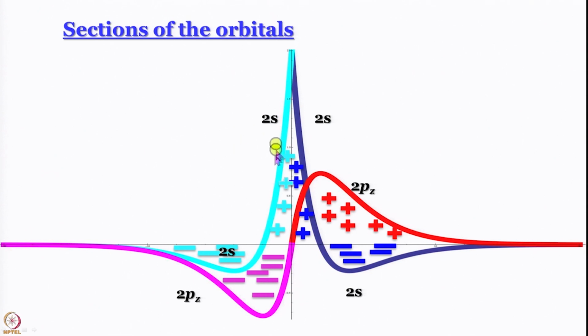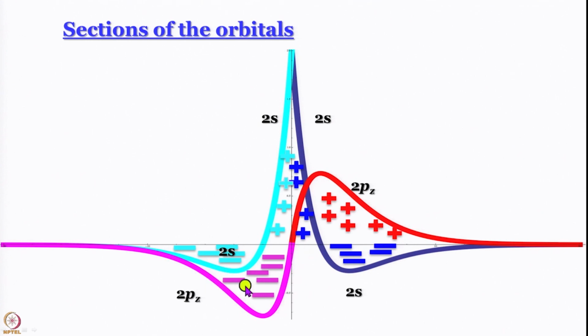And the interesting thing about 2s and 2p orbitals is that the 2s orbital decays to 0 after a while with maximum at the nucleus, while 2pz is the other way around, it is 0 at the nucleus and rises to a maximum later on, at longer values of r. So in the immediate vicinity of the nucleus it is the sign of the 2s orbital that predominates, and that sign does not predominate far away because it is more than offset by the 2pz orbital sign at long distances from the nucleus.